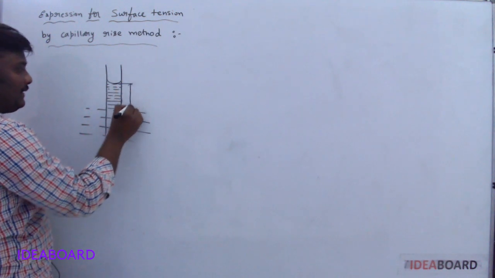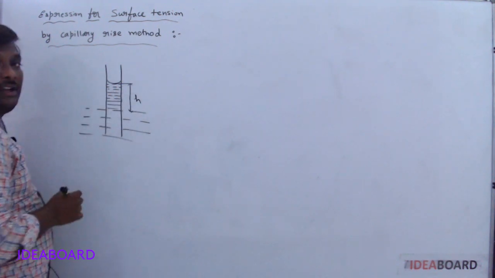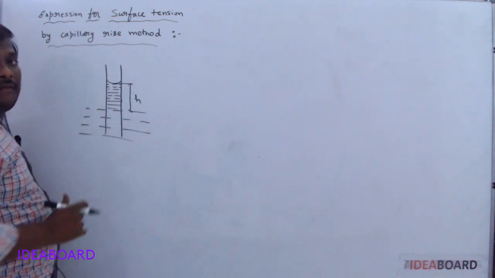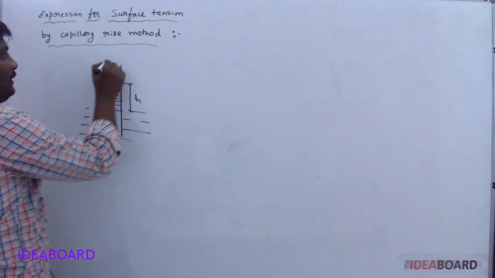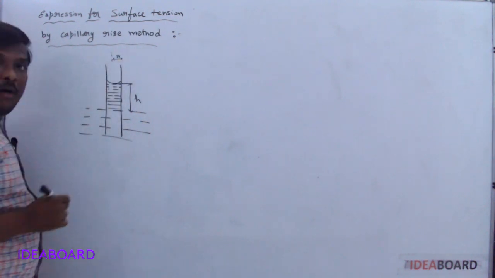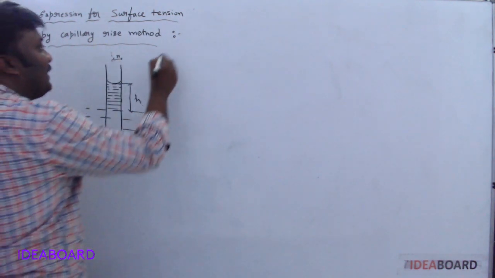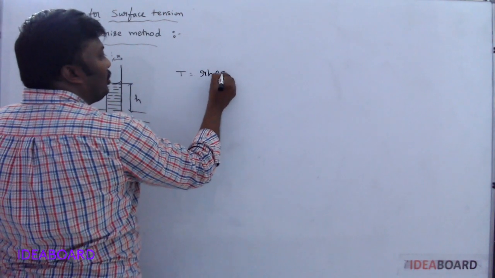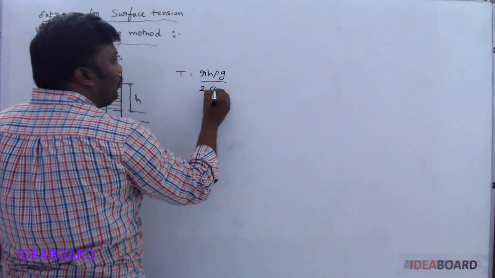Now this is the height from the bottom of the concave meniscus to the surface of the liquid, and the radius of the capillary tube is taken as small, then surface tension T is equal to r h rho g by 2 cos theta.